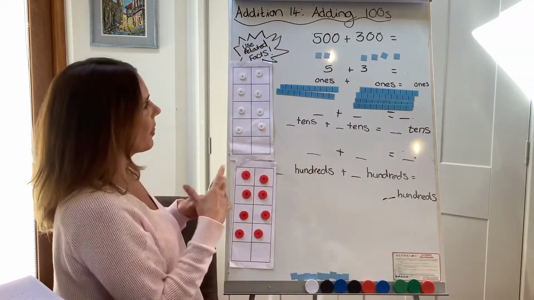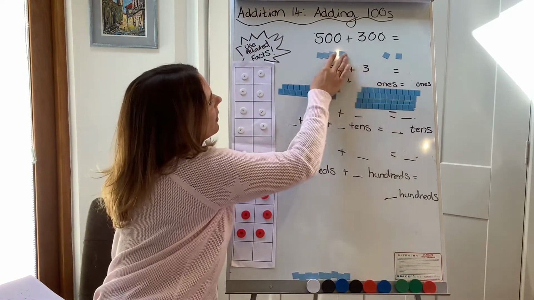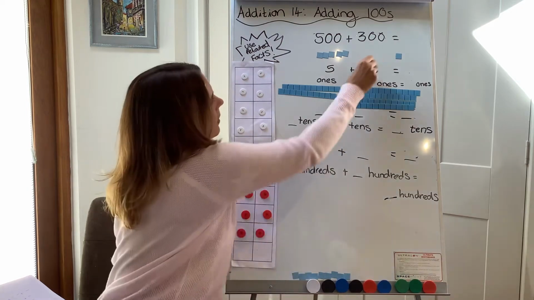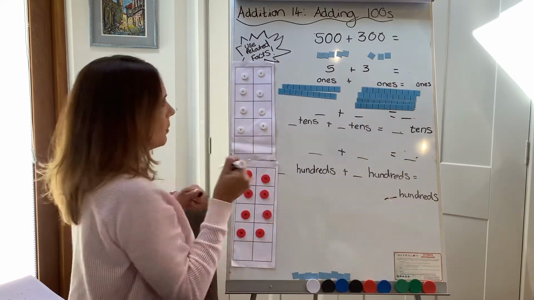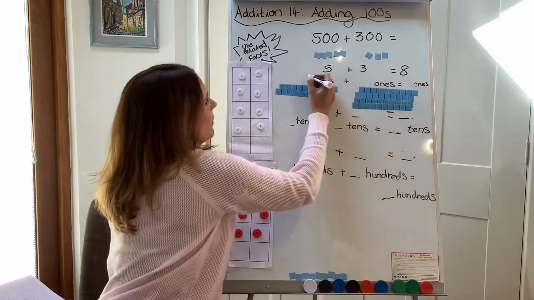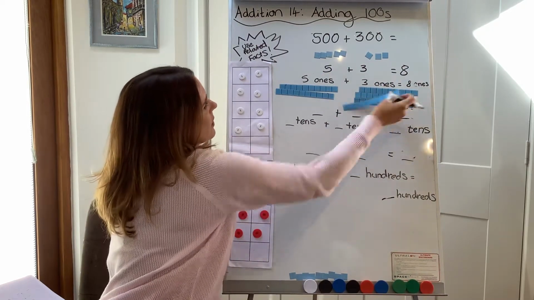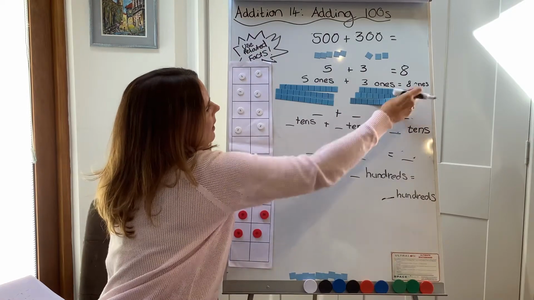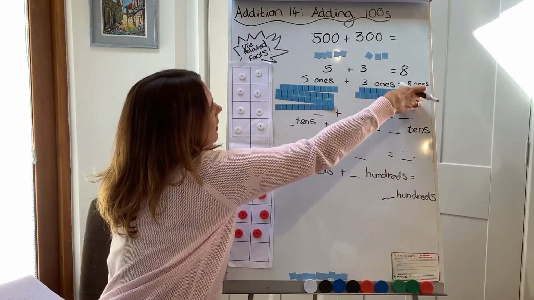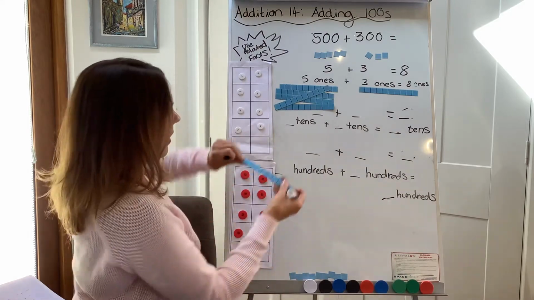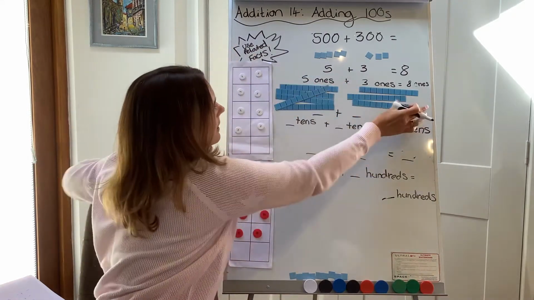Okay, so 5 and 3, so we can make with our counters, with our base 10, with the ones, 5 and 3 is equal to 8. So 5 ones and 3 ones is equal to 8 ones. So we can have 5 and 3 tens.